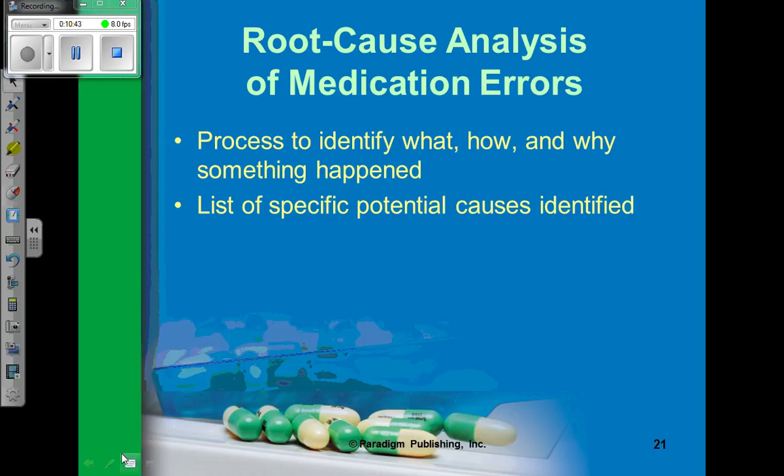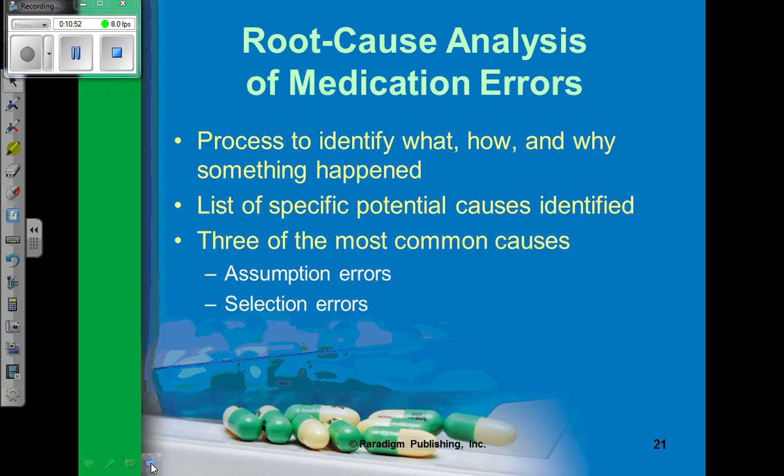There is a list of specific potential causes that can be identified. The 3 most common causes are assumption errors, selection errors, and capture errors. So medication error by handlers and preparers of medications has many causes, but here are the 3 most common.